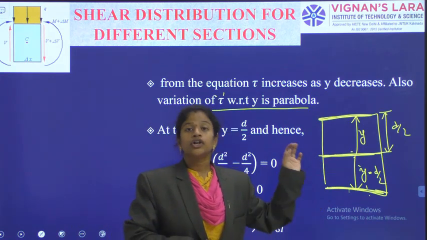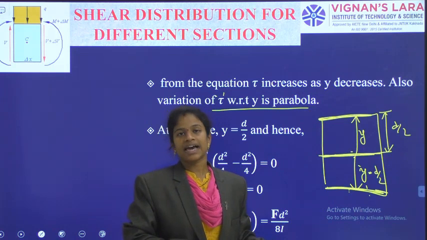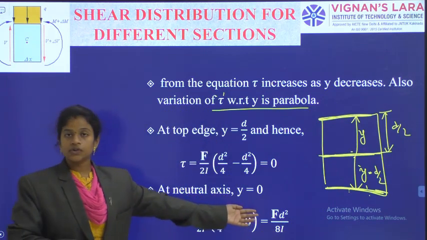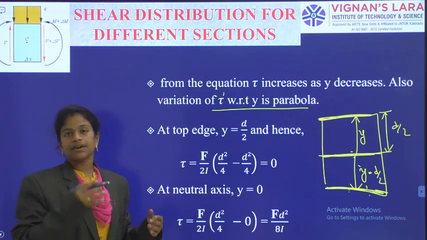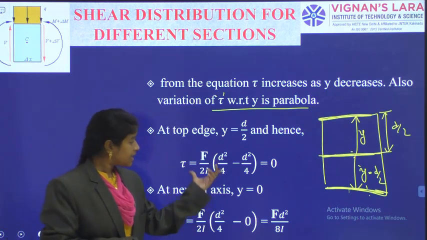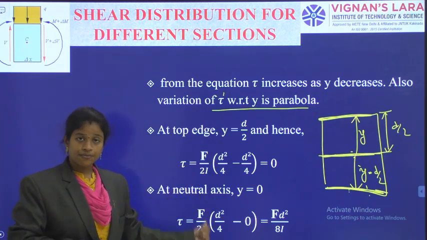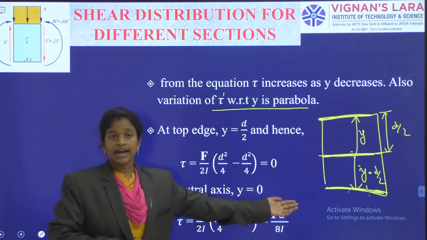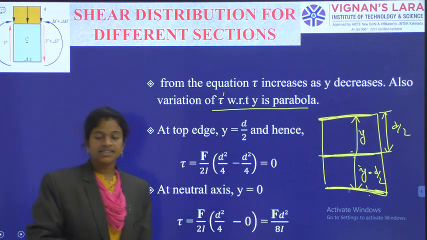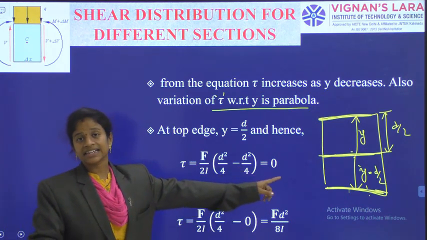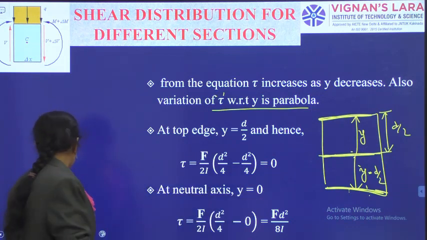So the distance of the neutral axis from the neutral axis, y, is equal to 0, because I am calculating at the axis itself. With this substitution in the equation, F by 2I into d square by 4 is the answer, so F d square by 8I is the shear stress at the neutral axis.